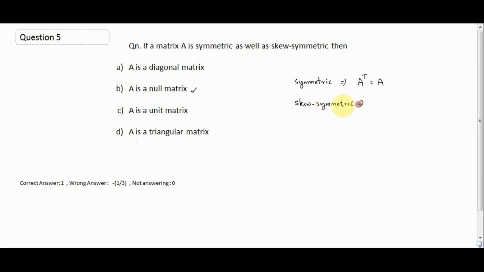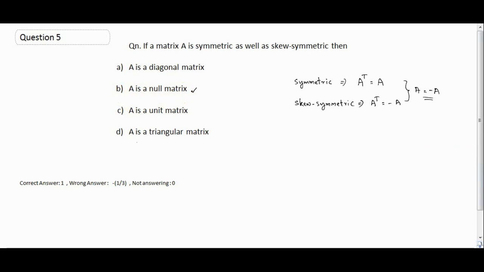So skew symmetric matrix is the one where we have A transpose equal to minus A. So here LHS are same. So if you equate right hand sides, then what we get is A is equal to minus A. So this criteria is followed by null matrix alone. Among these four, A equal to minus A. That criteria is satisfied by null matrix only. So therefore here the answer is option B, A is a null matrix.